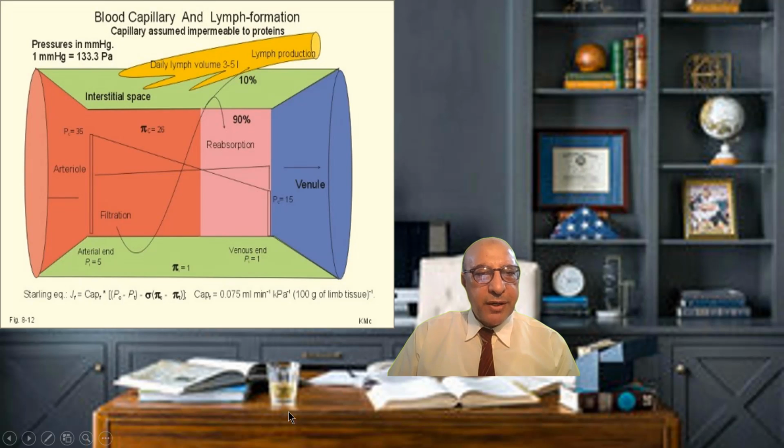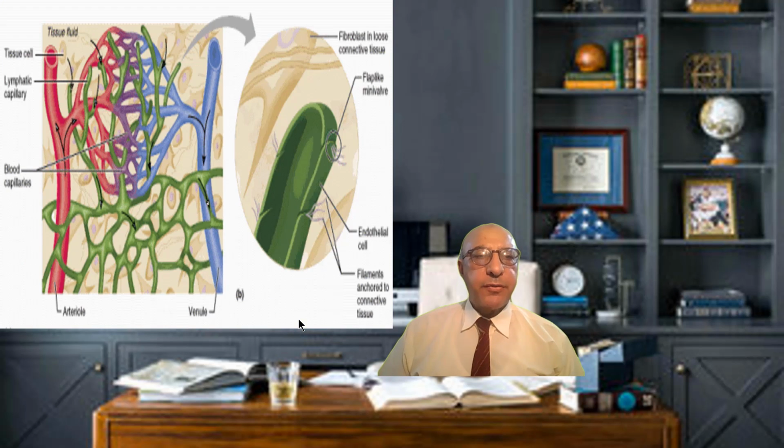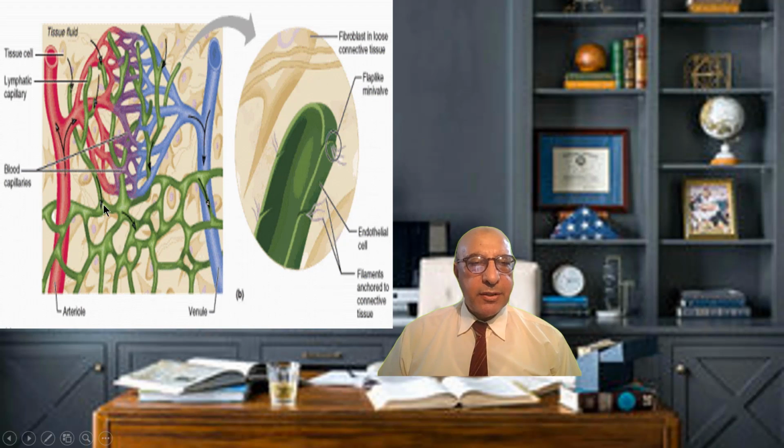And actually, in this figure, you will notice what we've just explained about the proximal end of the capillary with net filtration and the distal end of the capillary with net reabsorption, with the left-over 10% which is moved out by means of the lymphatics. So as we can see in this figure, there are always lymphatics accompanying the net of capillaries.